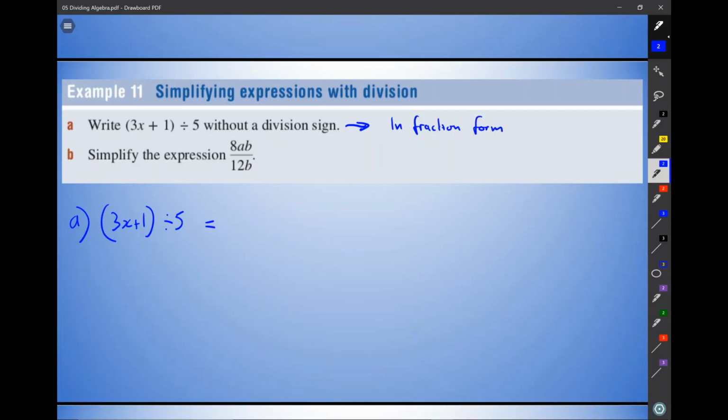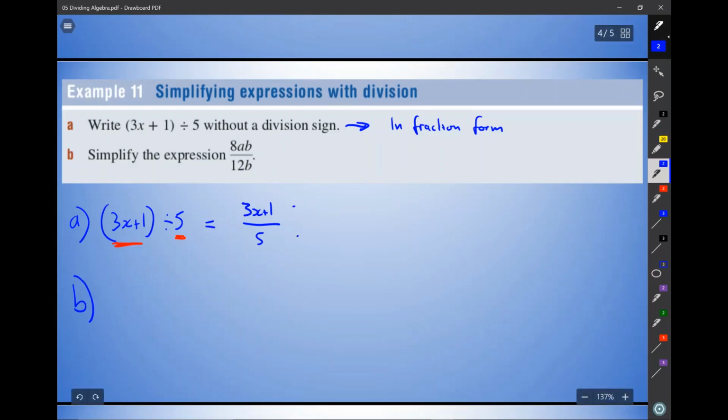Remember, the term on the left side of the division symbol ends up on top of the fraction, and the term on the right side of the division symbol ends up on the bottom of the fraction. And that's all that there is for us to do. We actually can't simplify that fraction anymore because there's nothing that's common on the top and the bottom.